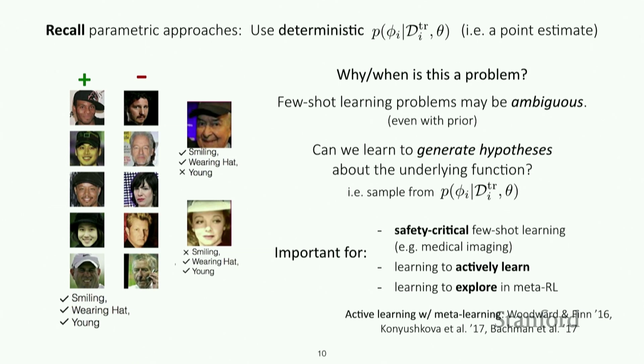So that's the motivation for Bayesian meta-learning algorithms. Any questions before I move on to the particular methods that people use? Yeah? Can you say a few words about how this is connected to active learning? Is it because we want to know the confidence?